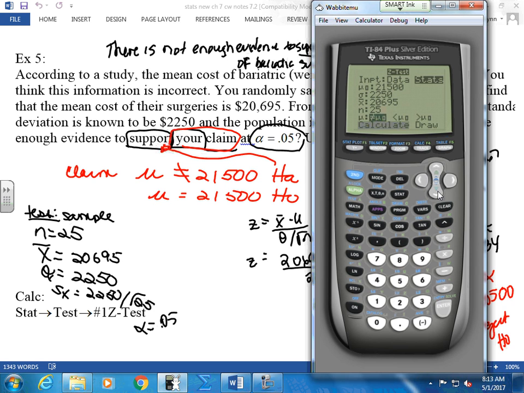So I'm going to come down there and I'm going to calculate. Now, it gives me a couple of things. It gives me my test statistic. Right here, this is my test statistic. And it gives me my p-val, which I just wrote over. So right in here, this is my p-val. Notice it already multiplied it by 2. I don't have to multiply it by 2.